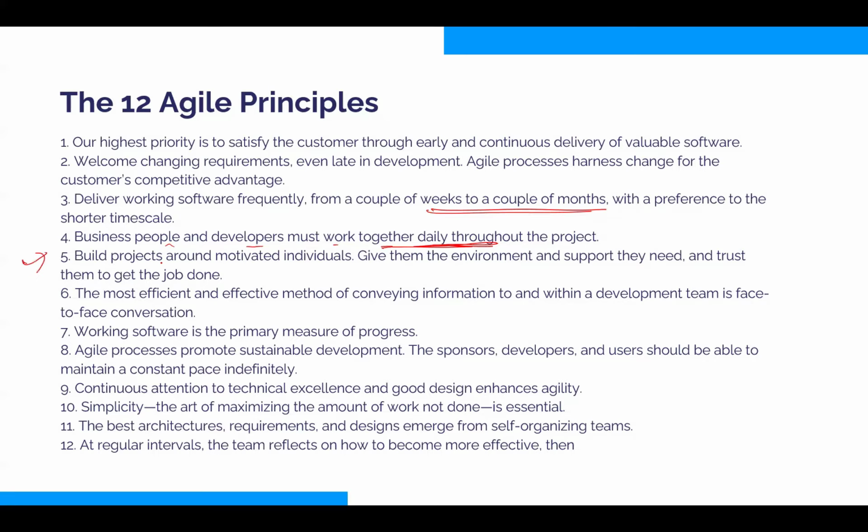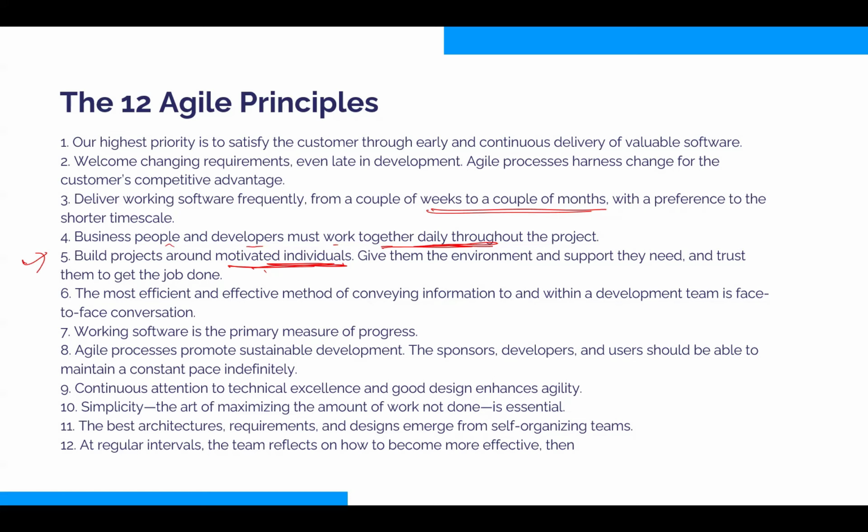Now 5: build projects around motivated individuals. An agile team happens to be very different from a traditional team. The team working in an agile environment are self-motivated people. They're knowledge workers. That's the reason the way we manage them is very, very different than predictive.